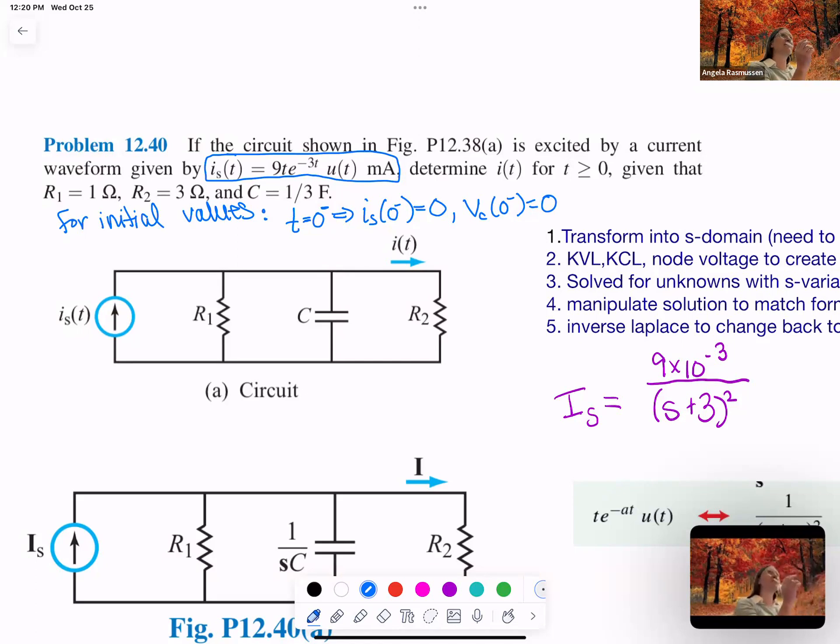It would be shifted left. So if it was T plus 3 and it was shifted left, so it actually had a value at 0 minus, then you would plug in at 0. So it'd be 9 times T at 0, e to the minus 3 of 0, which still gives you 0 in this case.